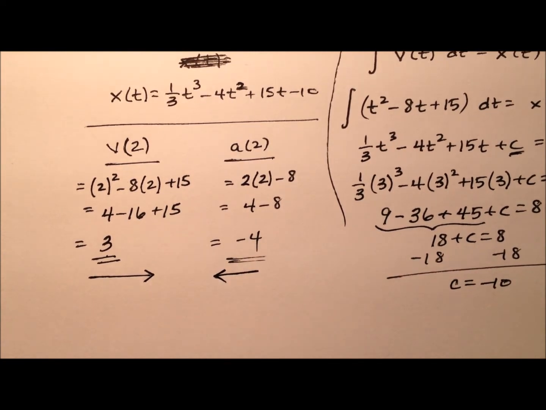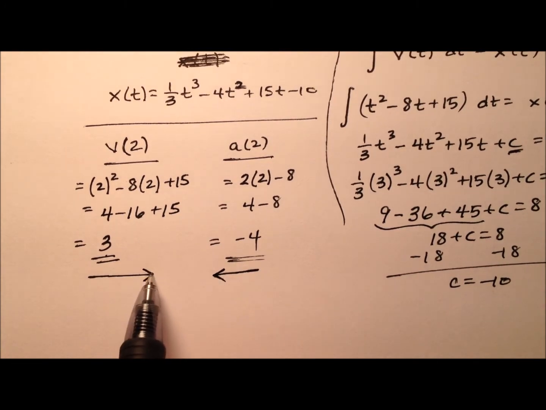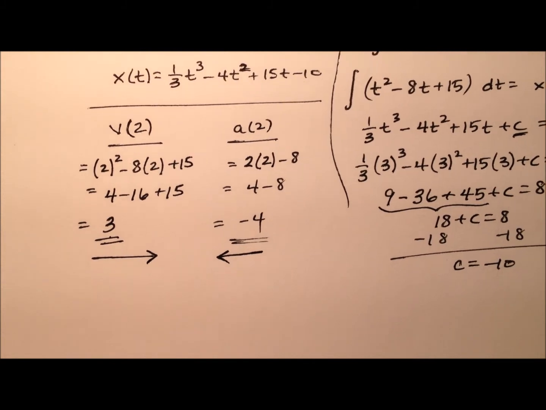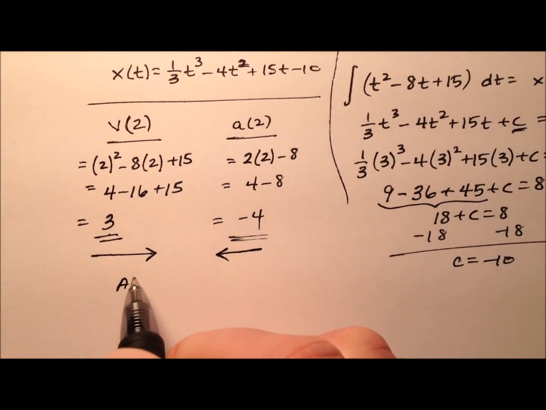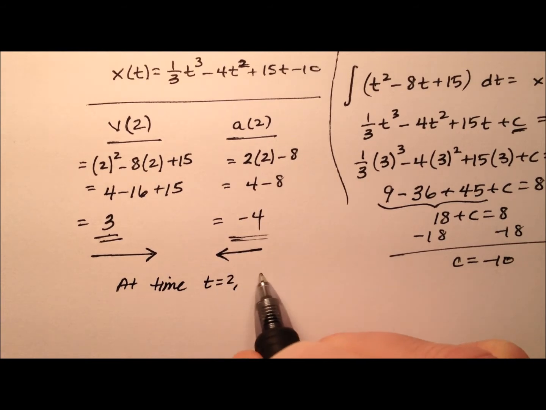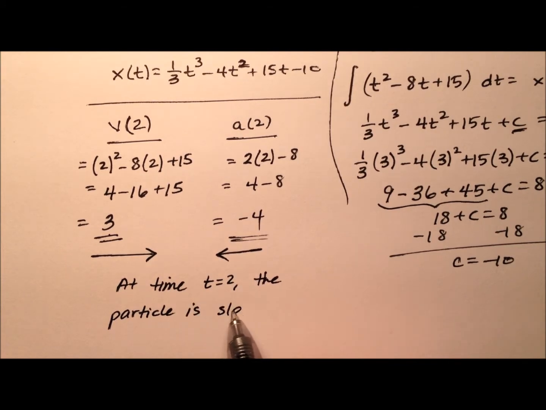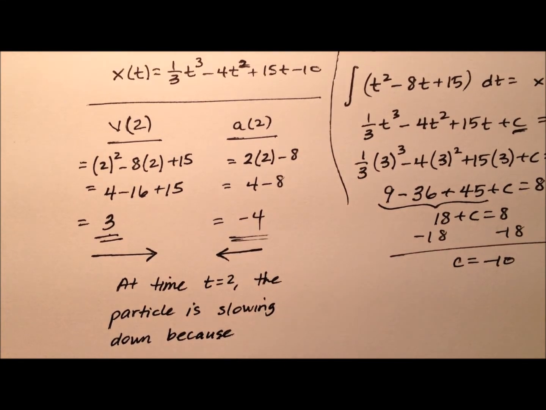Well, I can say that he's slowing down because the force of this acceleration is going to be against his motion. So I can say at time t equals 2, the particle is slowing down because, and there are a couple of ways you can say this.